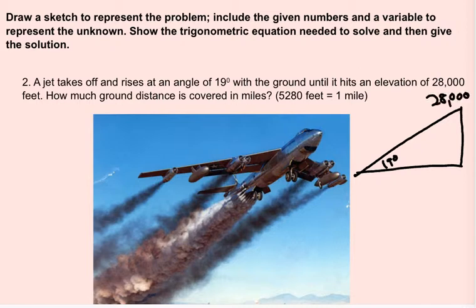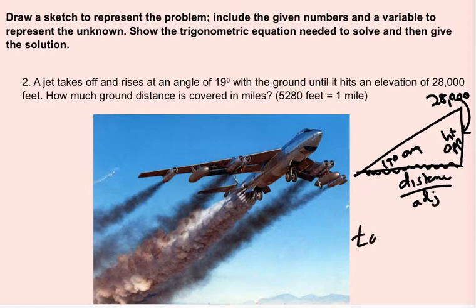What they want to know is, how much ground distance. So what is this distance going to be? All right, so 28,000 is this height. They want to know how much distance did I cover. Well, again, tangent's begging to be used, okay? Because here's my angle. This is my opposite, and this is my adjacent.